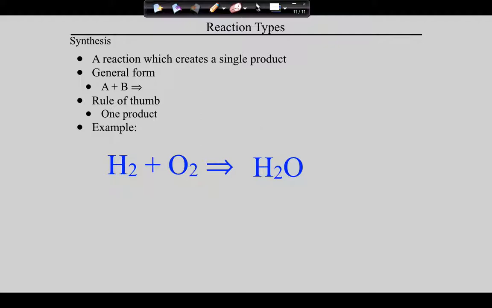But guys, interestingly, that's not our only product. The other thing that synthesis reactions create is energy. And guys, this is true, and you need to know this. This is true of all synthesis reactions.